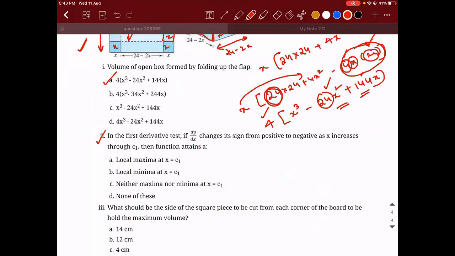So dy by dx changes its sign from positive to negative as x increases through C1. The function attains... So dy by dx changes from positive to negative. At C1, what will you have? Positive. That's it.